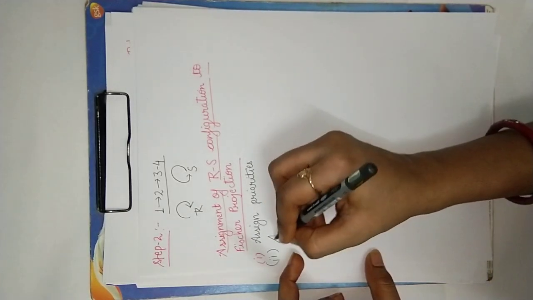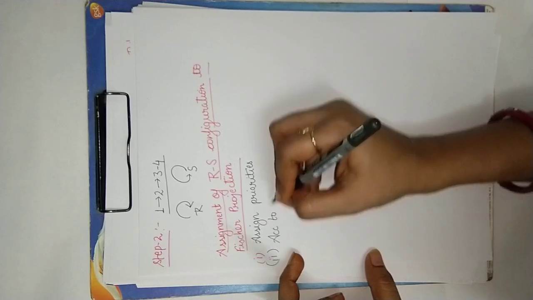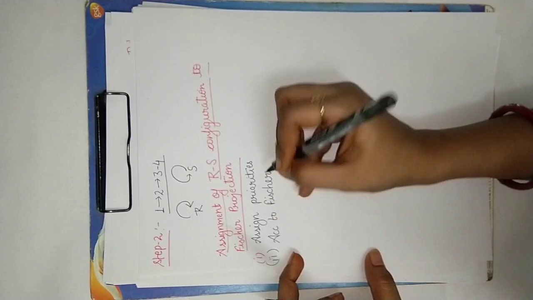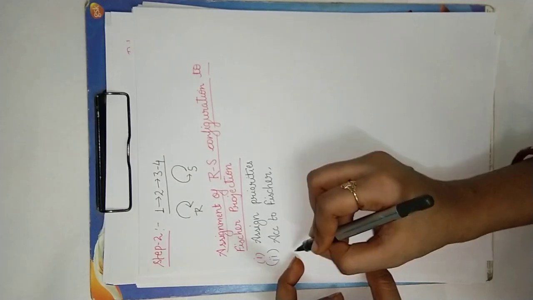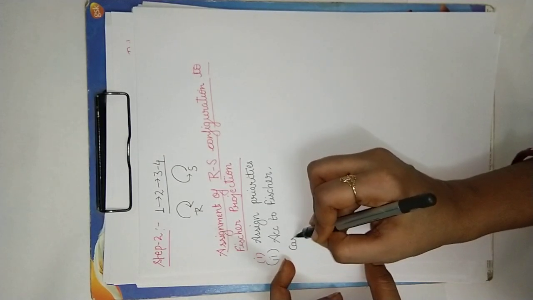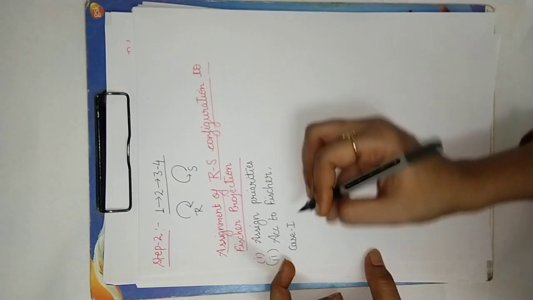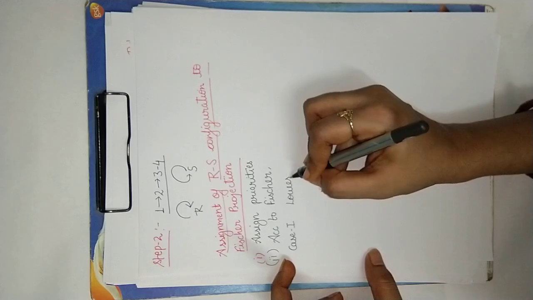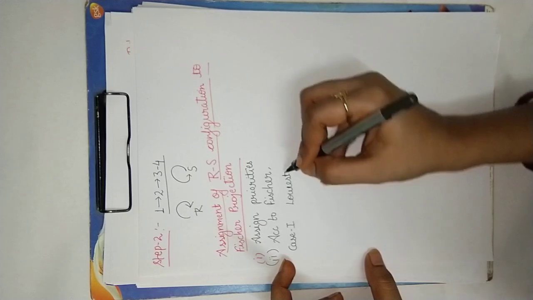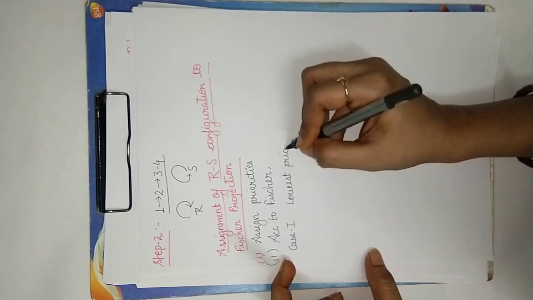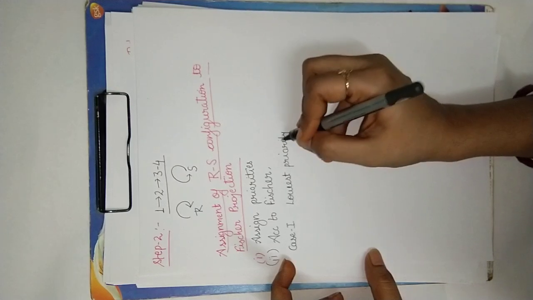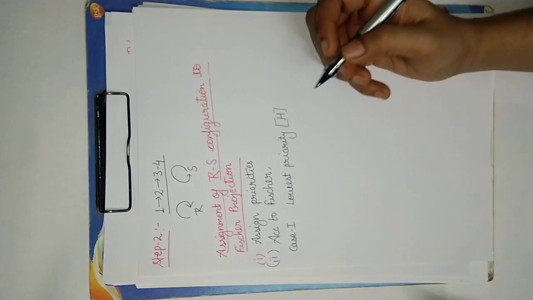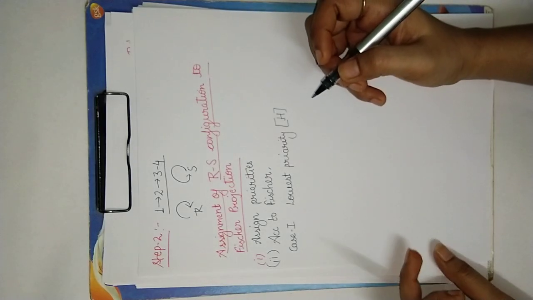According to Fisher, there is case 1: lowest priority hydrogen should lie either on the top or on the bottom.